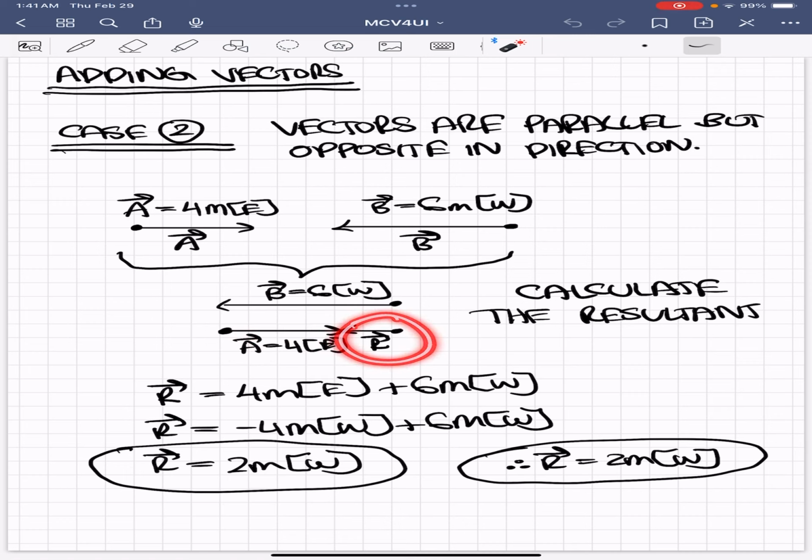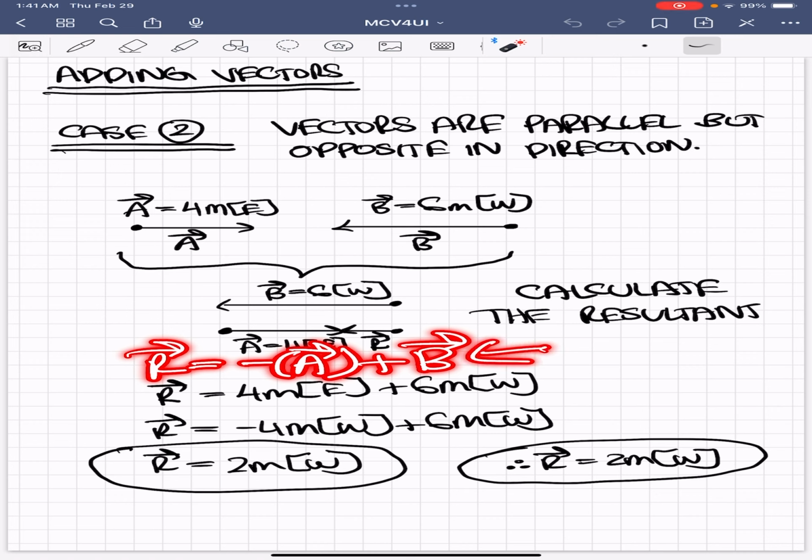And then we have our resultant, so let's calculate. Up here, I would go resultant equals negative A plus. So that's what I would put up here.